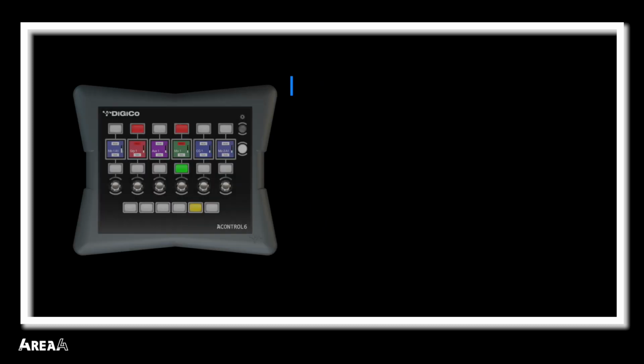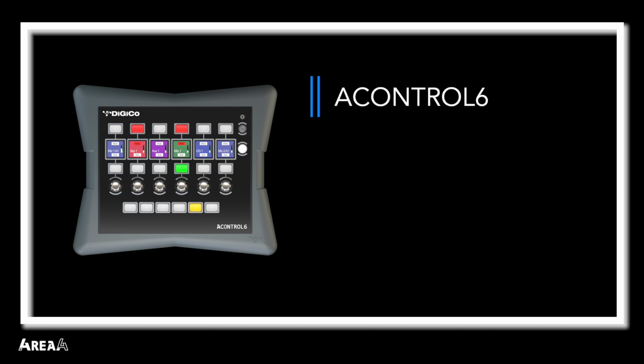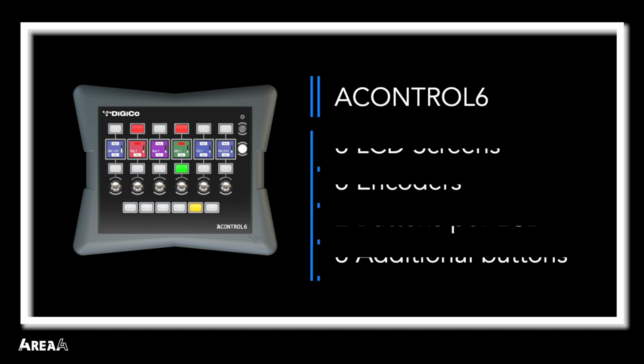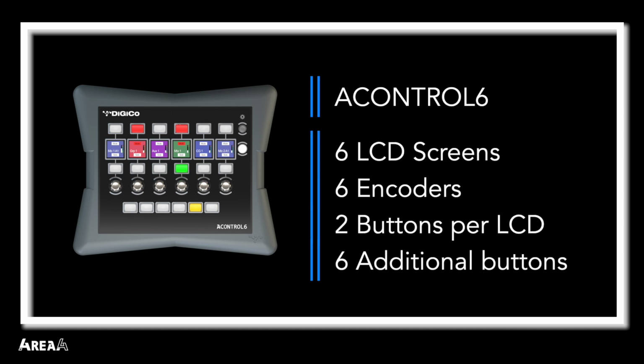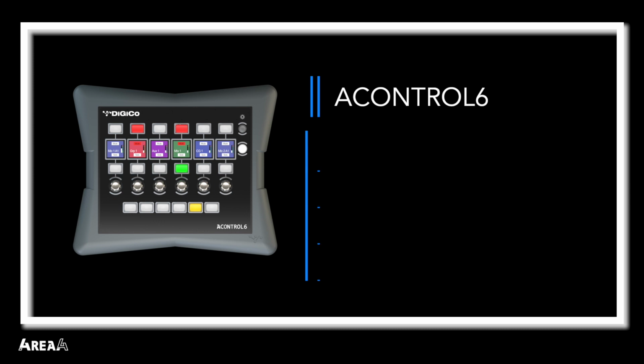Next up, we have the A-Control 6. The A-Control 6 has 6 LCDs, each with their own dual function encoder and 2 buttons. The unit also has 6 additional buttons across the bottom. Like the A-Control 1, all of the buttons and encoders on the A-Control 6 are fully assignable.